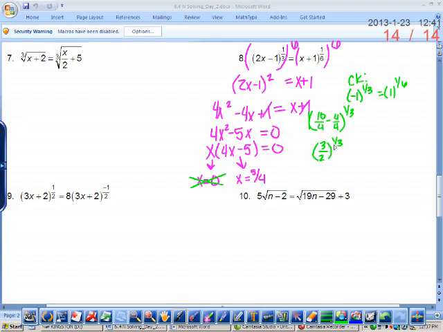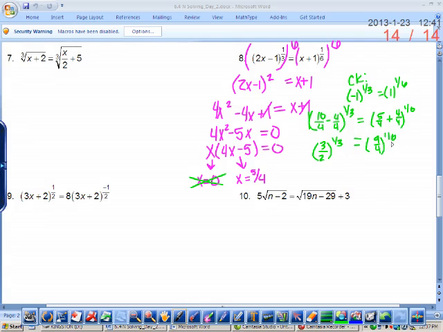All right, let's plug it in on the other side. 5/4 plus 4/4 to the 1/6 power. That would be 9/4 to the 1/6 power.